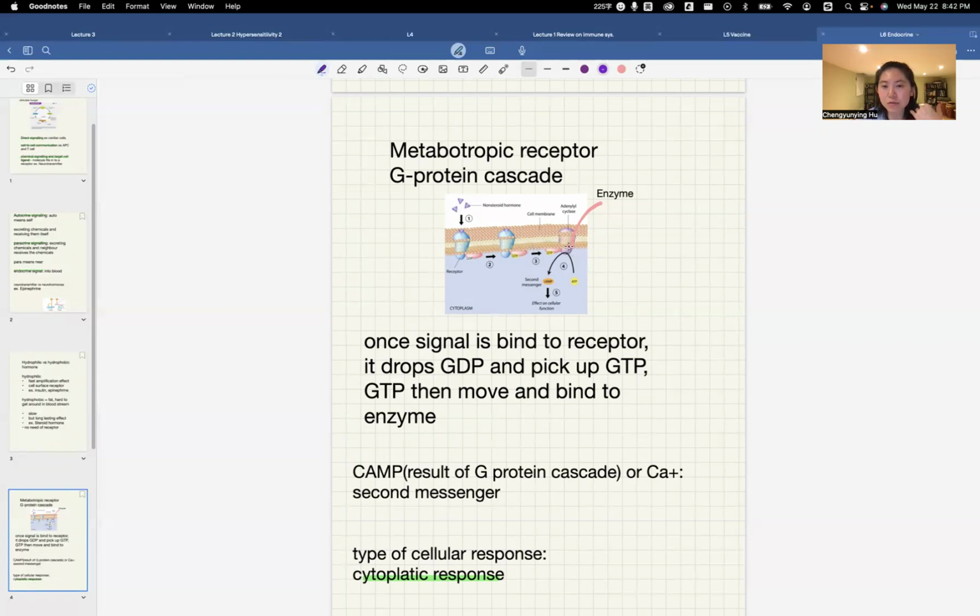For test purposes, you don't need to know which enzyme it is. You don't need to memorize this name. So GTP binds to an enzyme that signals ATP to become cAMP. cAMP is like a second messenger. It's going to go into the cell and signal other proteins and eventually into the nucleus to make some change.